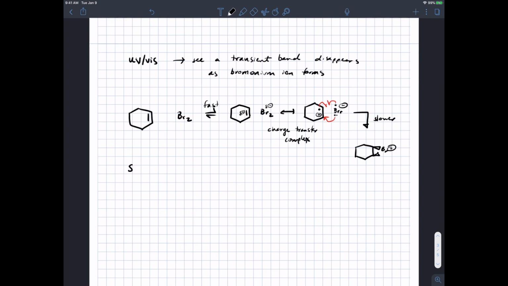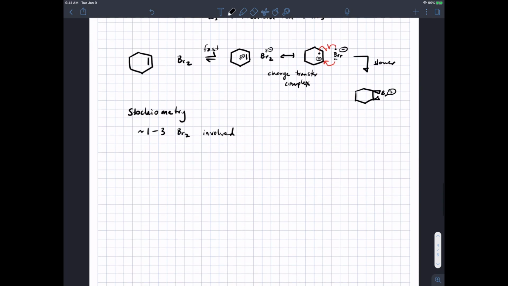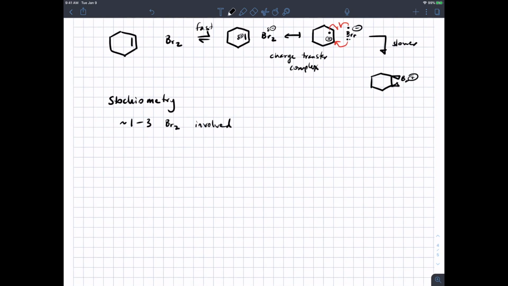Another level of complexity is for some olefin starting materials, there's evidence for 1 to 3 bromines involved in the reaction. So as an example, sometimes reactions are second order in Br2. We're not going to rationalize when this occurs and with what substrates.